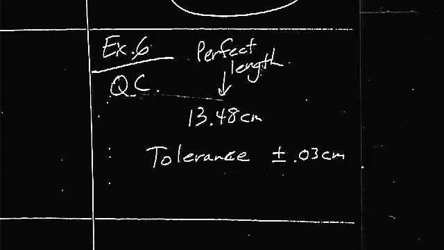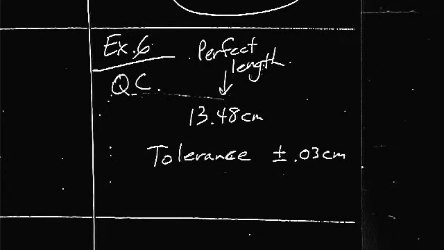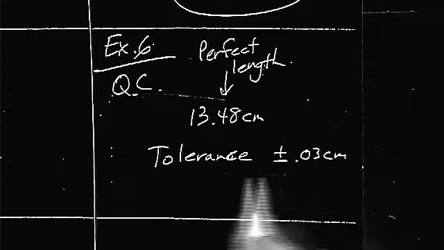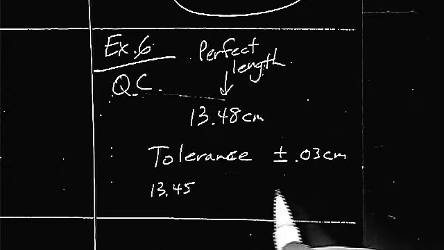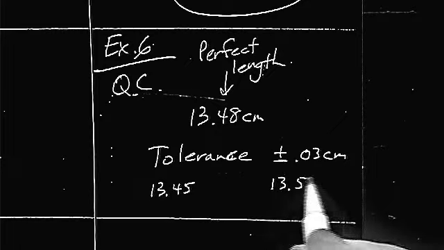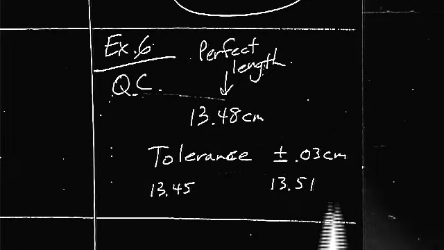Anything in that range would be fine. So in reality, I would be willing to accept the part if it went down to 13.45 or up to 13.51. Right? That is down 0.03 and up 0.03.